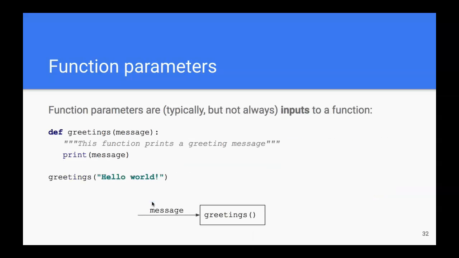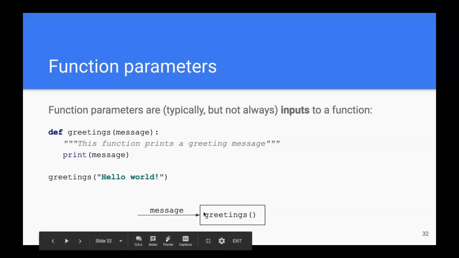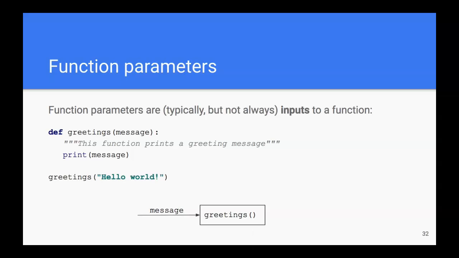Yet another way that may be helpful to think about is parameters are kind of like inputs to a function. So we have a function called greetings. Greetings takes a message as an input and it prints out that message, whatever it is.